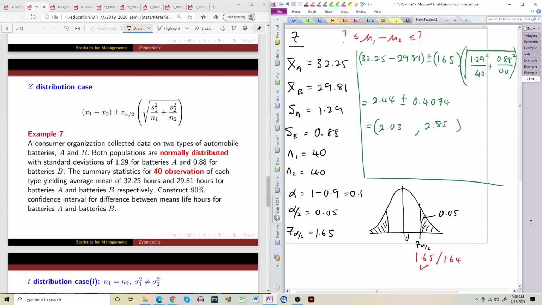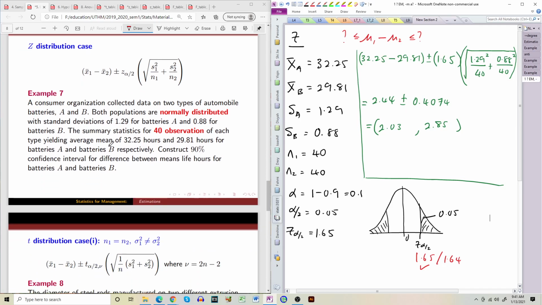You can also write like this, 2 decimal places. This is the answer for the Z case. If any of you are still doing, try to get this answer.